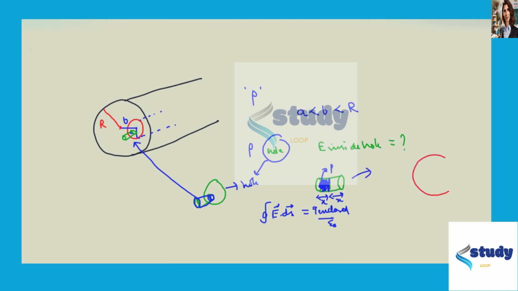This is our hole, and this is our cylinder, and this is the face of the cylinder, and this part contains rho charge density. So this is the hole.